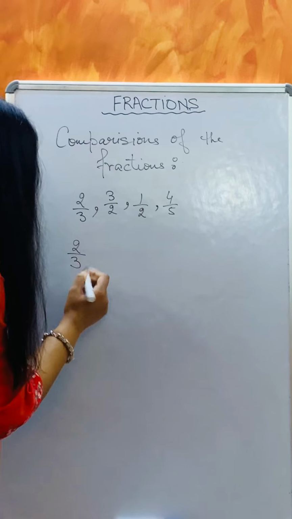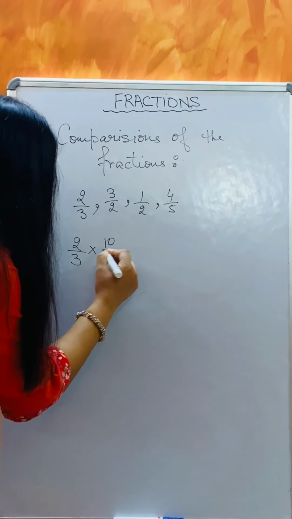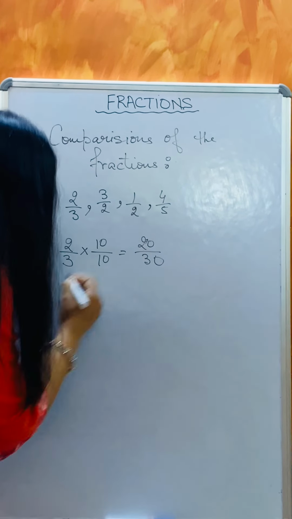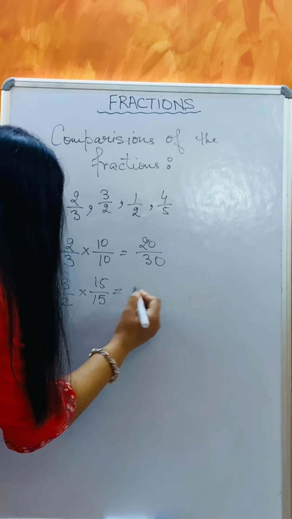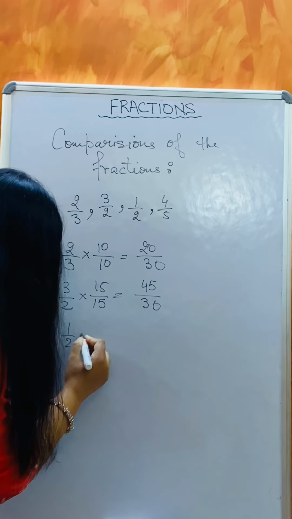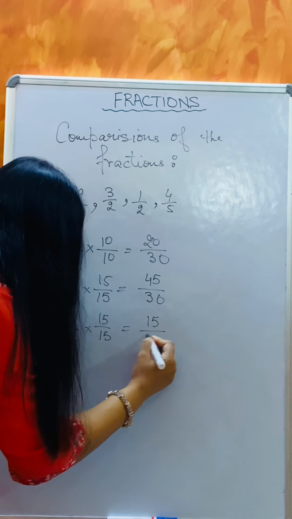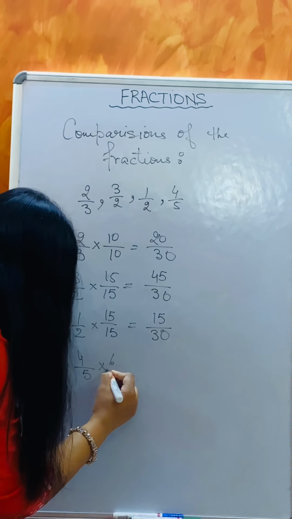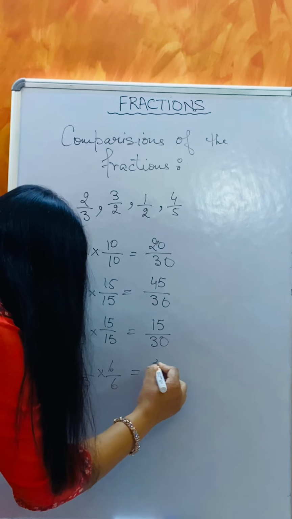To convert the denominator into 30, we have to multiply it by 10 by 10, which means 20 by 30, and so on. 3 by 2, 15 by 15, 45 by 30. 1 by 2 means 15 by 15, which comes out to be 15 by 30. 4 by 5 multiplied by 6 by 6, which comes out to be 30 as a denominator and 24 as a numerator.